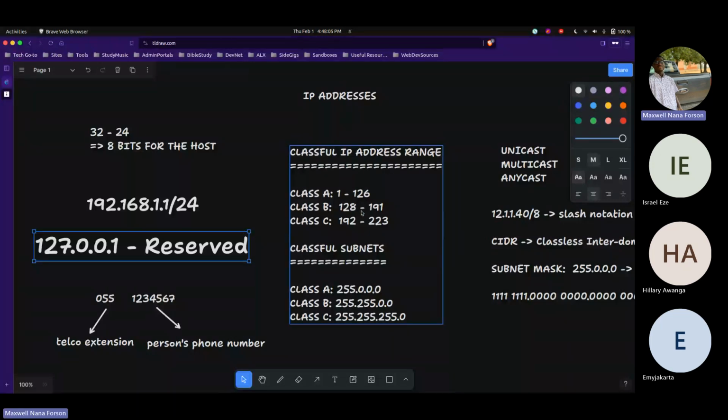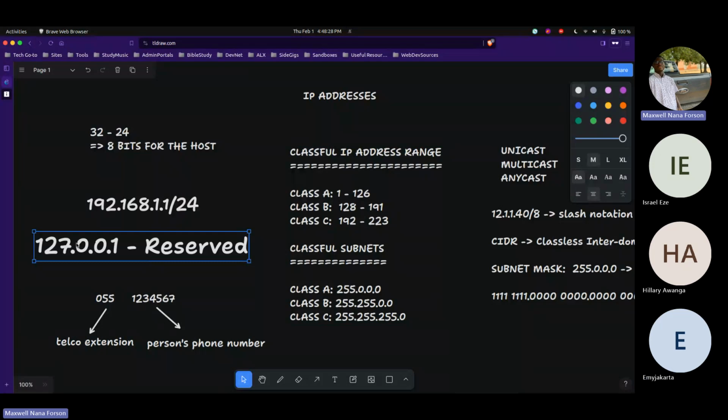And even the ones that I mentioned over here, there are other subcomponents within them that I've not talked about, which I would mention soon. But this 127 over here is reserved for everyone to use. It's for everyone to use. That's how the PC knows how to get back to itself.